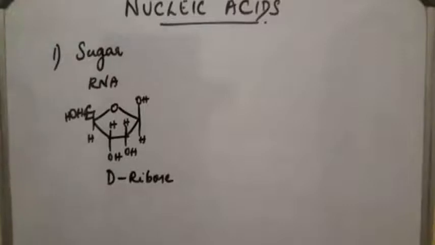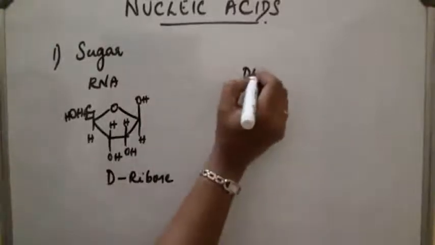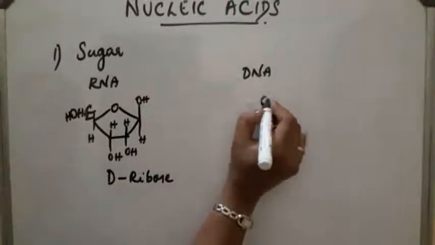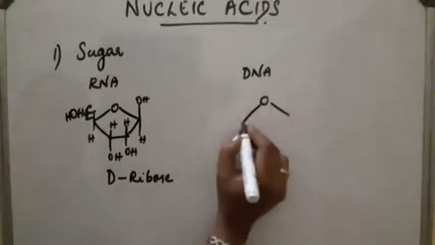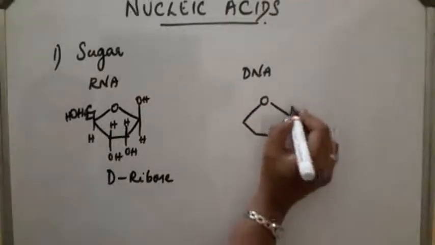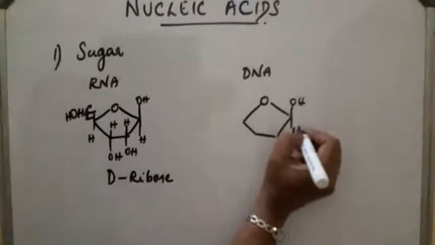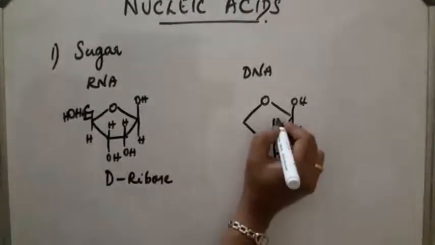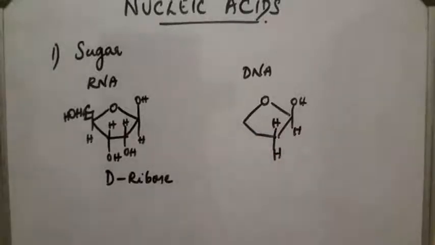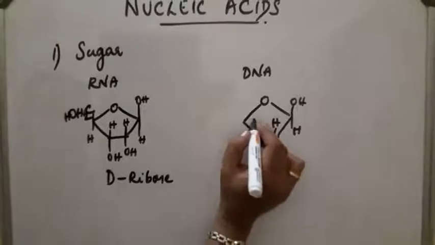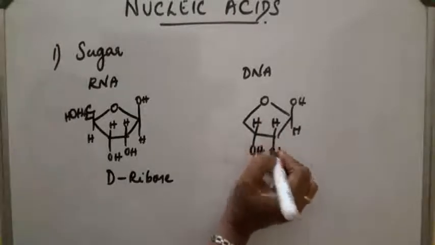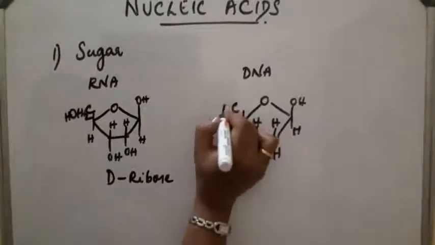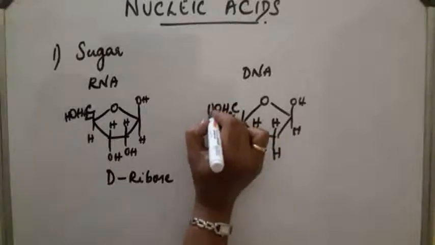Next, in the case of DNA, the sugar present will be like this. In the second position, there is one oxygen less, so it is called 2-deoxy.